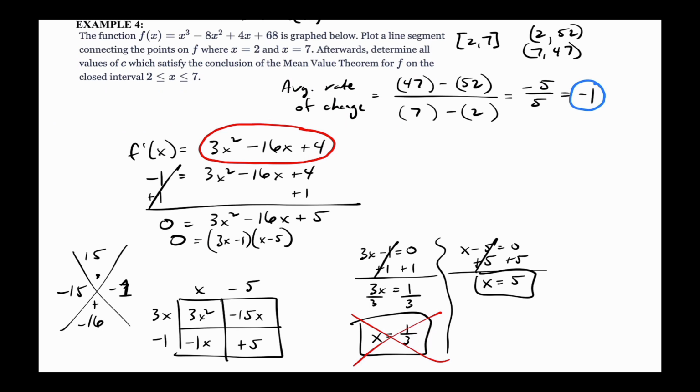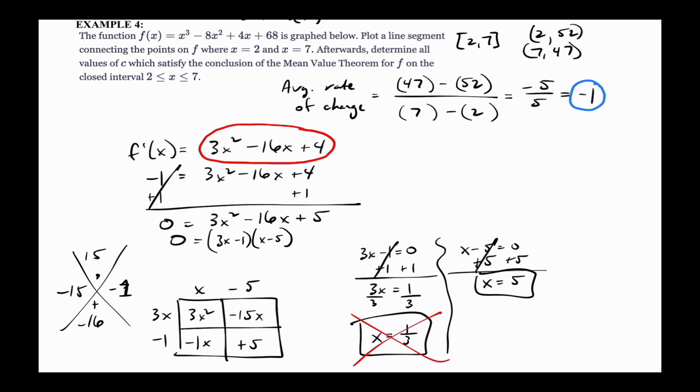One of them, like I told you guys, won't work: 1/3, because it's not inside the interval. It's too small. The interval starts at 2 and ends at 7, so that one doesn't work for our question. It's an answer, but it doesn't work for our question because it's not within the interval. And then 5 is the other answer. That one works. That one's in the interval.